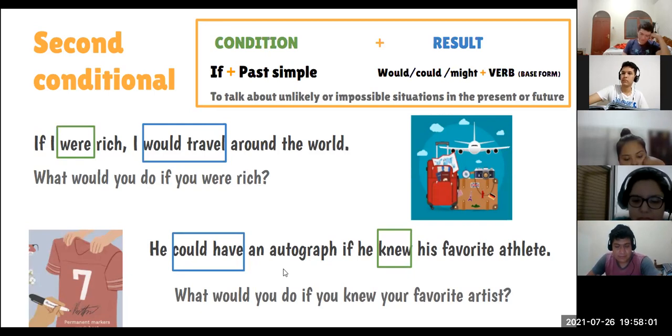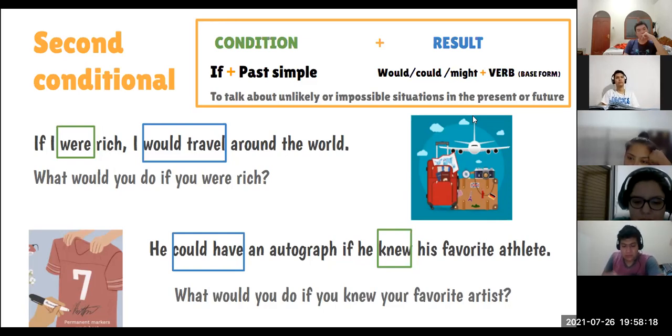Teacher, what is the difference between would and might in this situation? Would and might, and could and might. No, there is no difference. Maybe you can say could, por ejemplo, yo podría hacer esto. Pero los tres son muy parecidos, entonces no hay mucha diferencia.